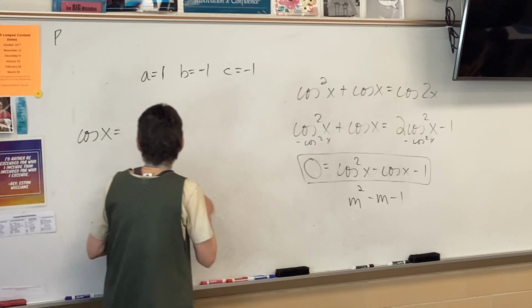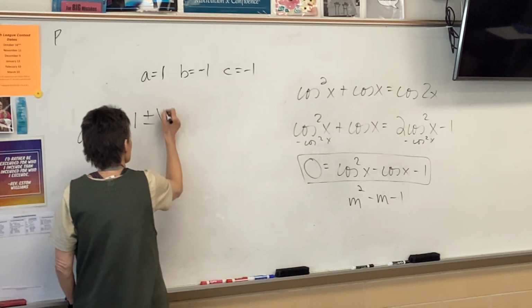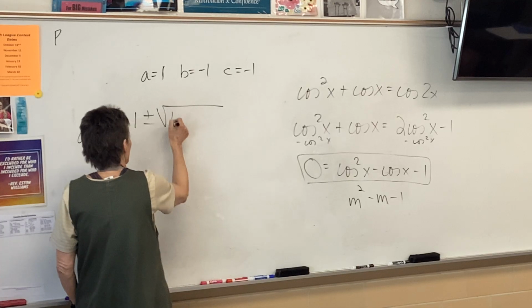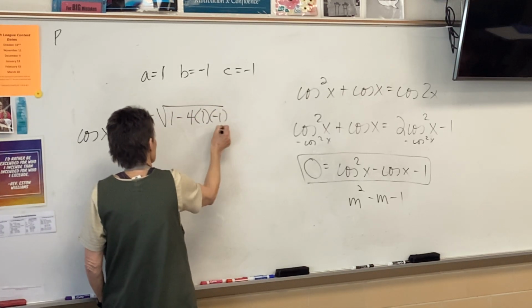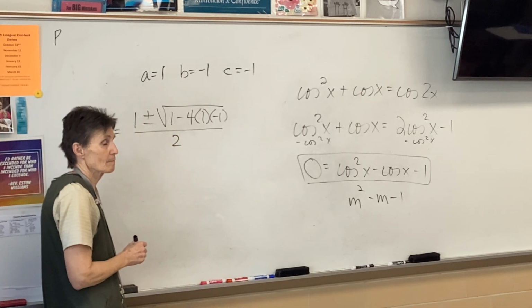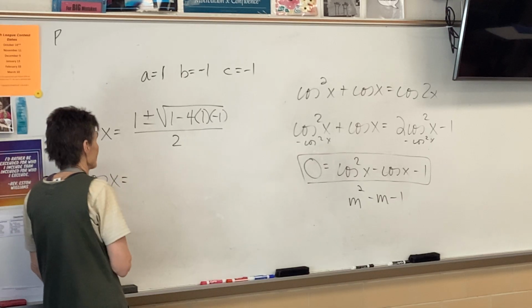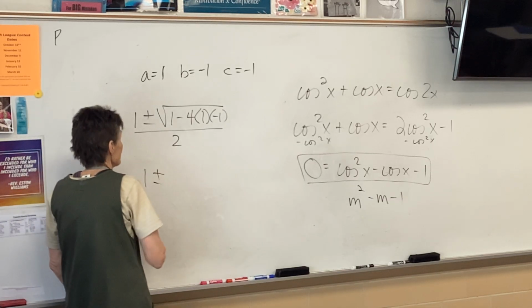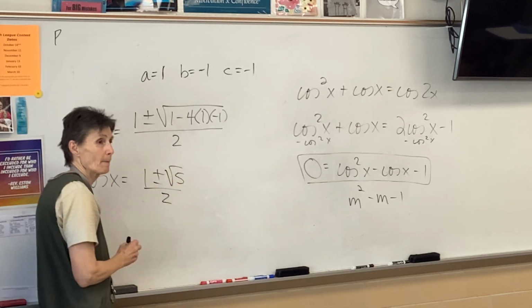So cosine x equals negative b plus or minus the square root of b squared minus 4 times a times c all over 2a. So cosine x equals 1 plus or minus the square root of 5 over 2.